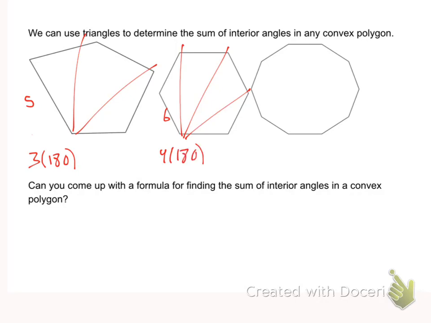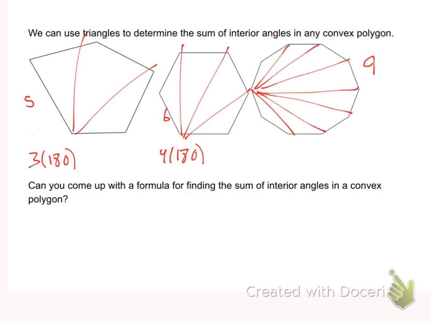That's 720. Ooh, look at this guy. How many sides are there? 8 sides, 7 triangles. 9 sides, so 8 triangles.